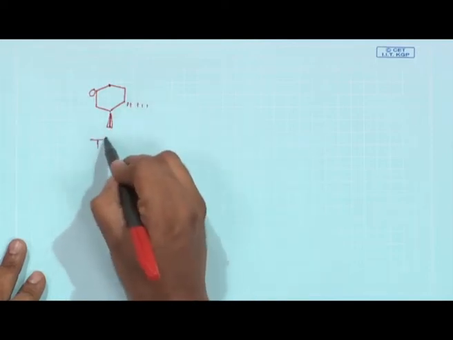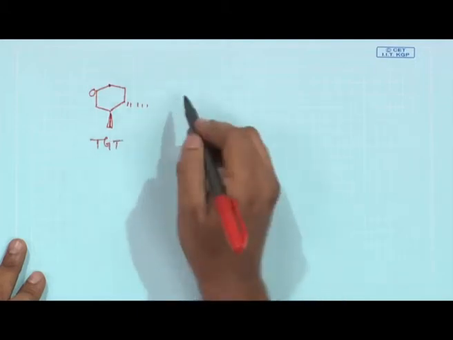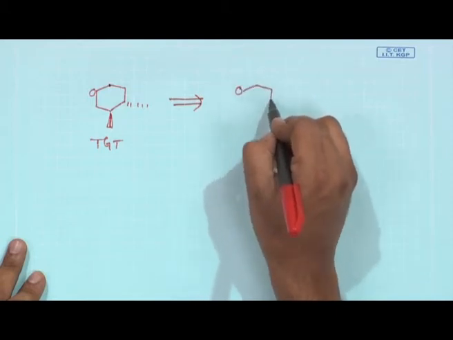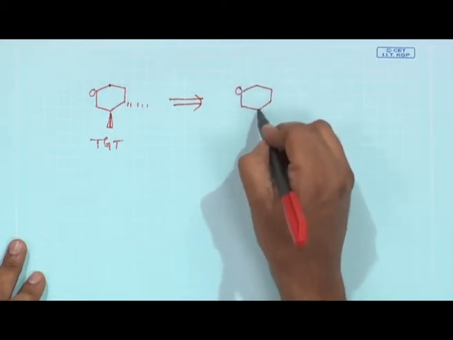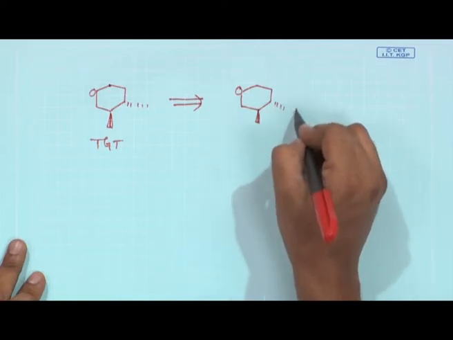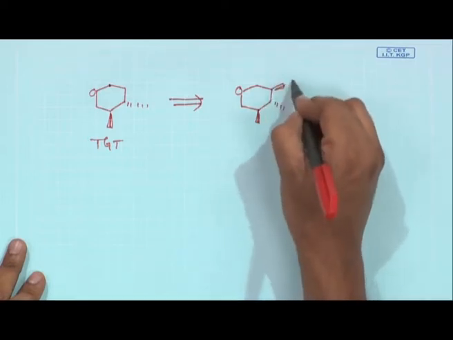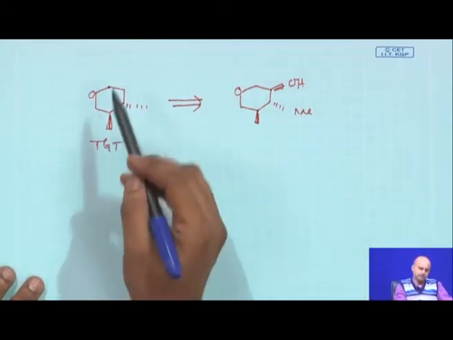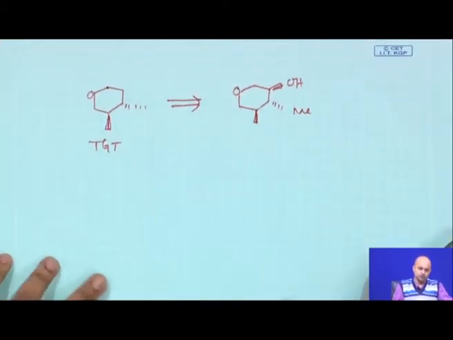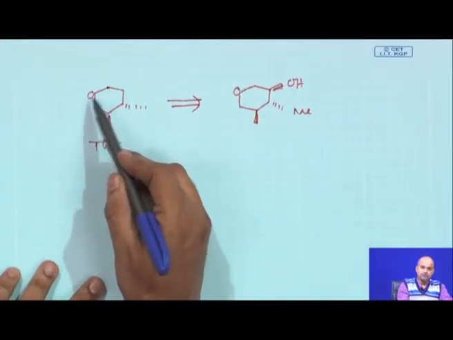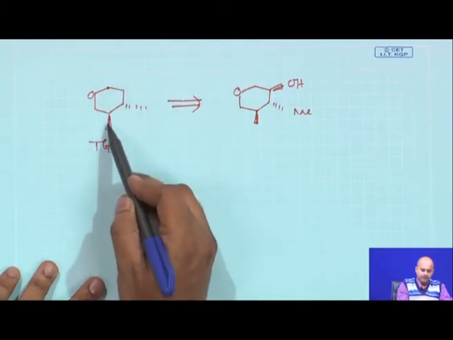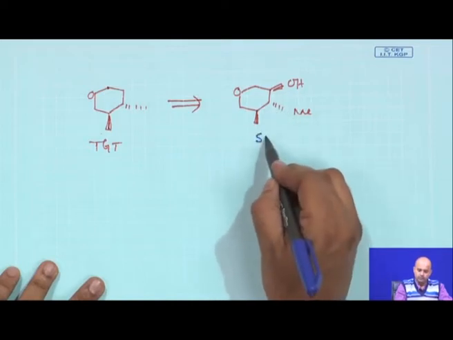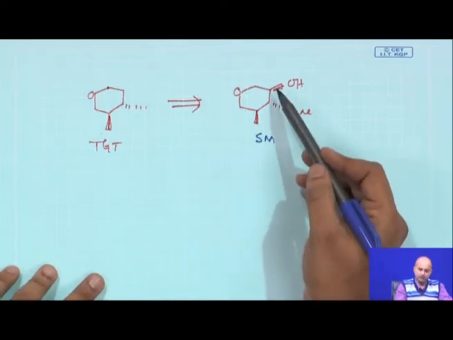Say the target molecule is something like this, and the starting material which was given to you is this. Now, the target does not have an active functional group. It has an oxygen ring, a tetrahydropyran ring, and has 2 methyls tied to each other. The starting material which was also supplied to you has an alcohol functionality here.